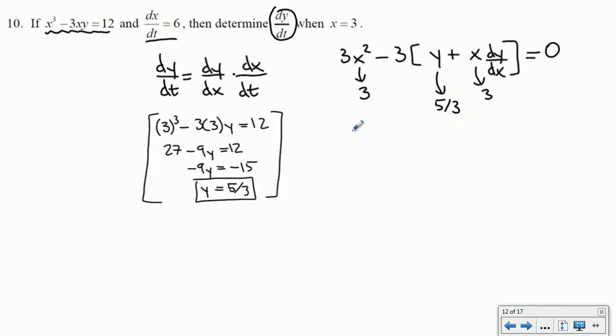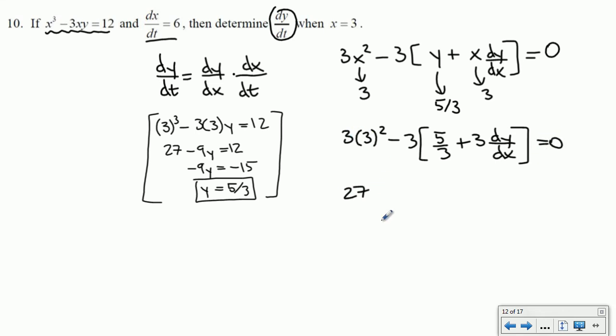So let's make our substitutions and figure out what dy dx will be. So this will be 27. This negative 3 needs to distribute into each of those things. So negative 3 times 5/3 will just be negative 5. And then negative 3 times positive 3 will be negative 9. Negative 9 dy dx.